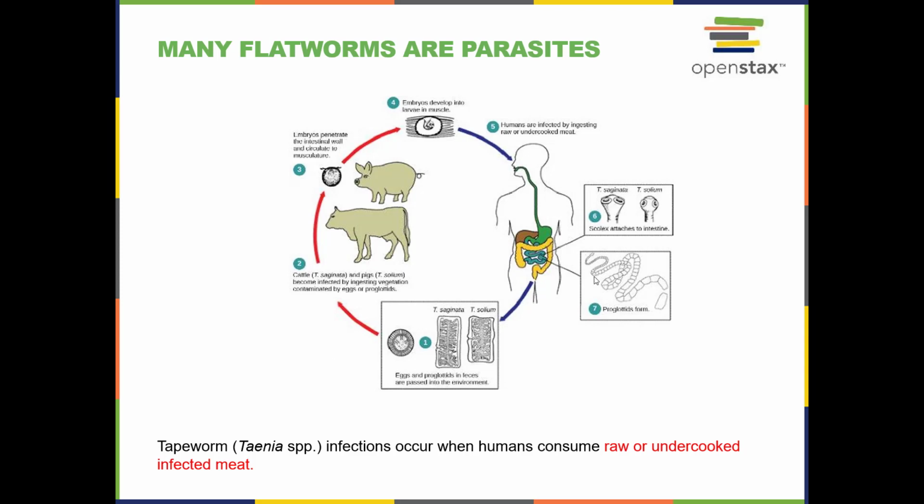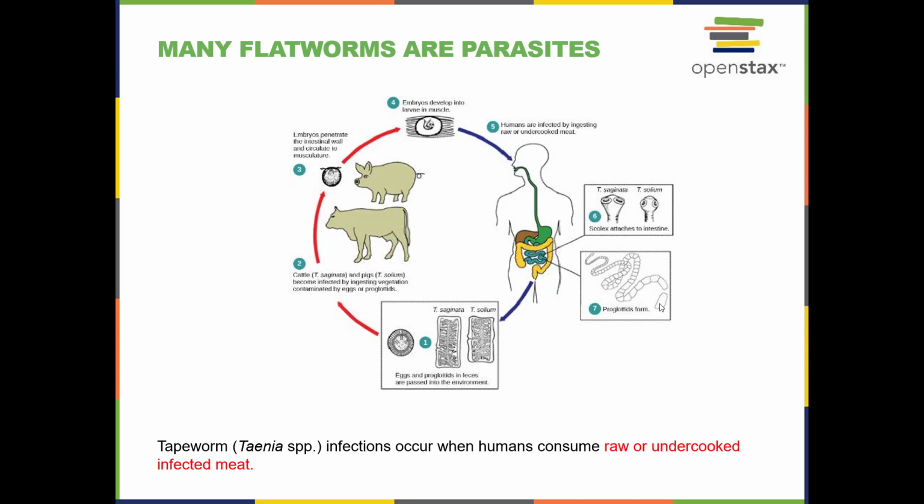And then the rest of the body is made up of these little segments called proglottids, which are full of eggs. And as the host eats food and digests it, the worm absorbs the nutrients directly from that food. And it stays in the intestine because the scolex is attached.